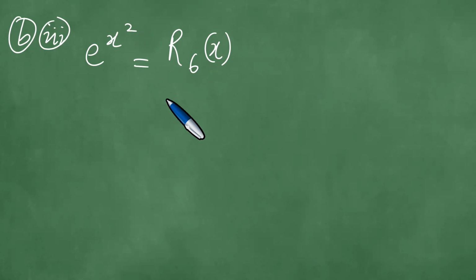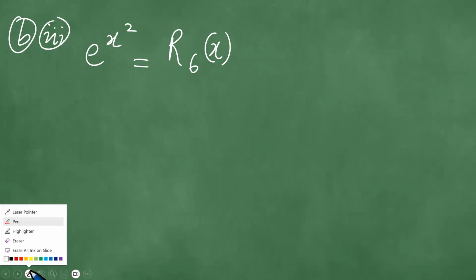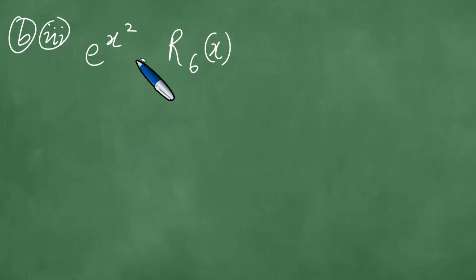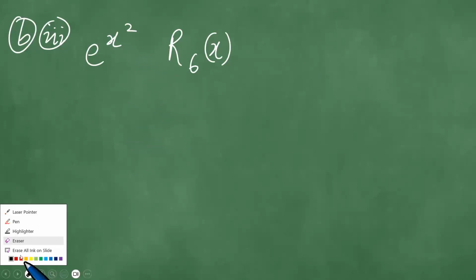Which is R6 of x. Or what we'd rather do is to subtract. Because if we want to find the Pade approximation to the x cubed, we can just subtract the R6.